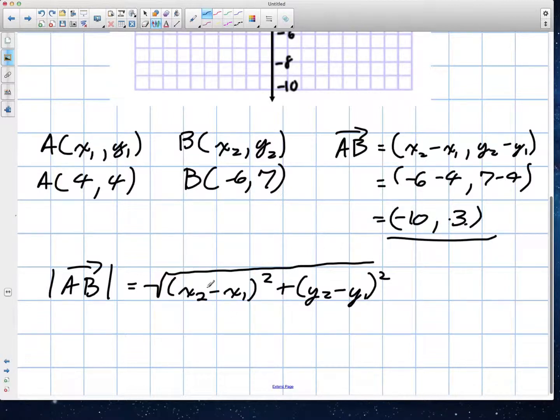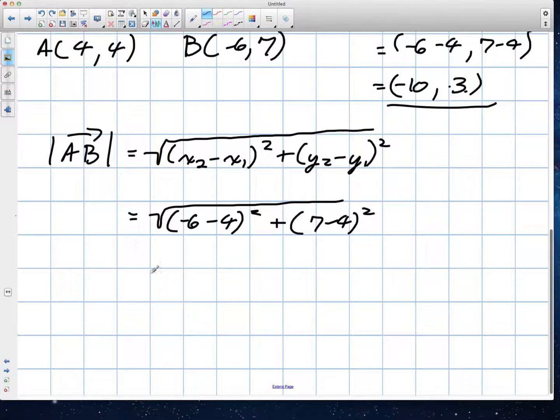We're going to piece it together and show how it's quite closely related to the components of this vector. So our x2 and our x1 are the exact same that we had before. Our x2 being negative 6 minus 4, and then we're going to square it, plus 7 minus 4 squared. This will give us our negative 10 plus 3 in this case, all square rooted.